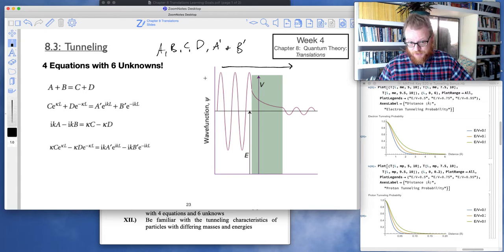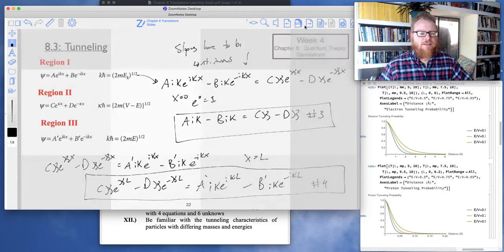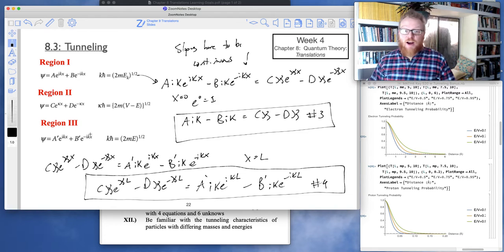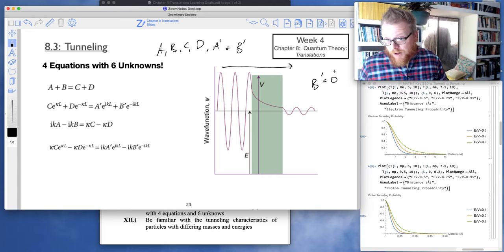But in solving this problem, for what I'll call forward motion, we can eliminate the B prime constant. We can set the B prime constant equal to 0 because I'll remind you that B prime constant, here it is in region 3, is attached to the e^(-ikx). That's a particle moving in that other direction. So we'll eliminate it. We won't worry about it, okay?